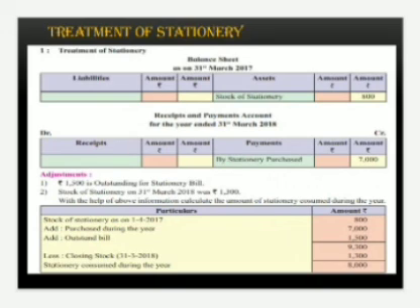That time, what we have to do: the stock of stationery 800 is given, then add purchases 7,000, then the outstanding amount 1,500, that also we have added because it is given for the current year.